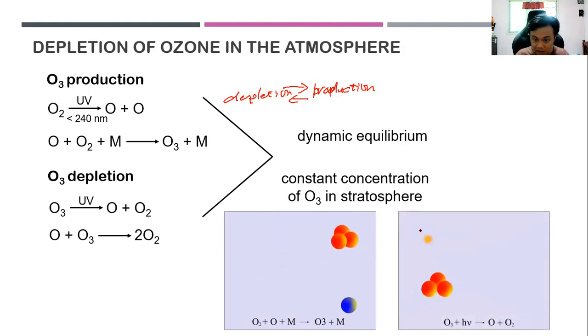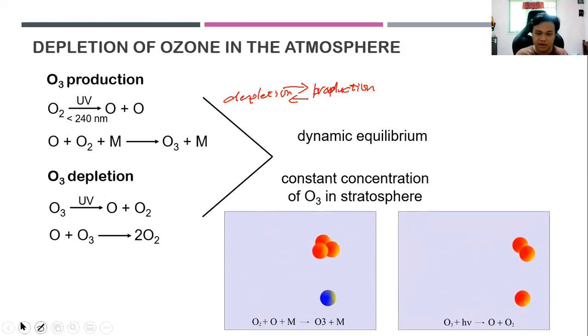This small one represents the UV rays that ionizes or breaks down the ozone into elemental oxygen and diatomic oxygen. Okay? So as I've said, this M is the carrier, our O2, and it does not take part, it only helps in the reaction. Okay? So let's move on.